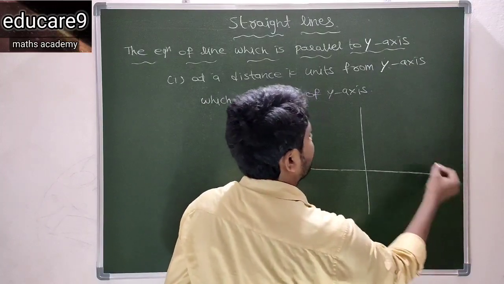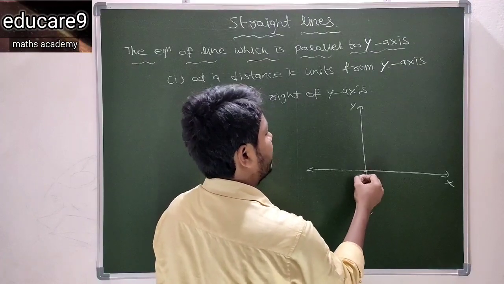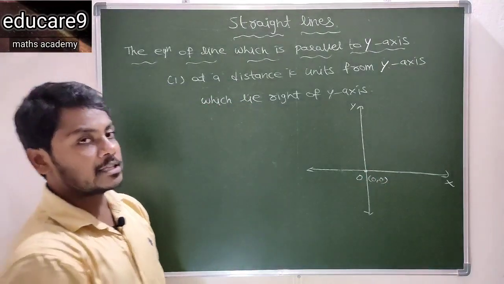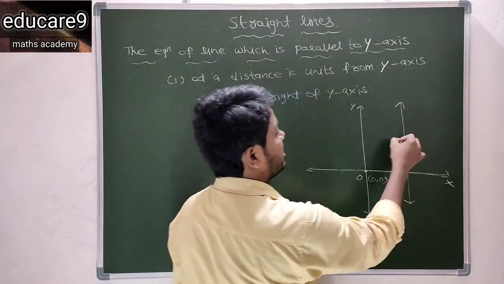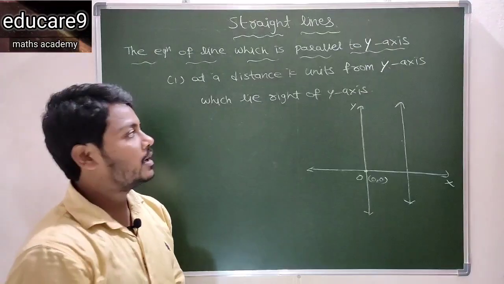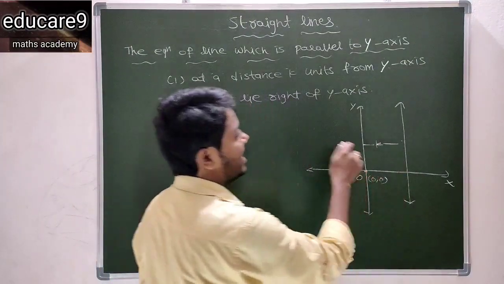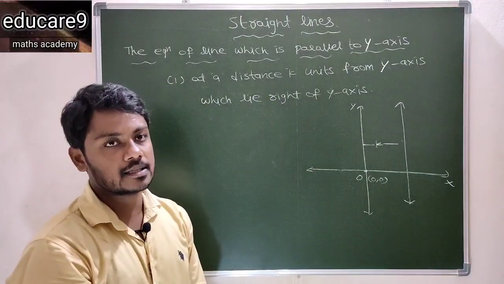So this is the coordinate axis, x and y axis. Clearly this is the point of intersection (0, 0). For example, this line is parallel to the y-axis at a distance k units from the y-axis and lies right of the y-axis.